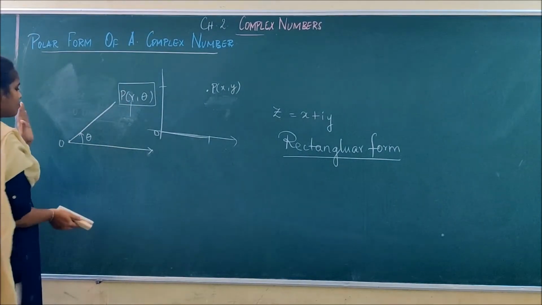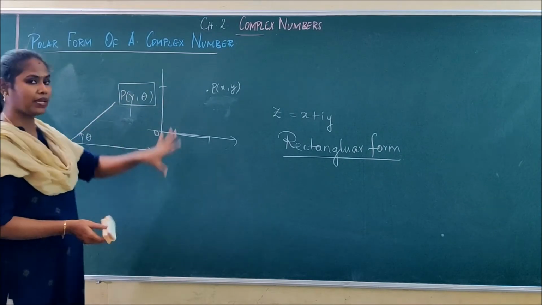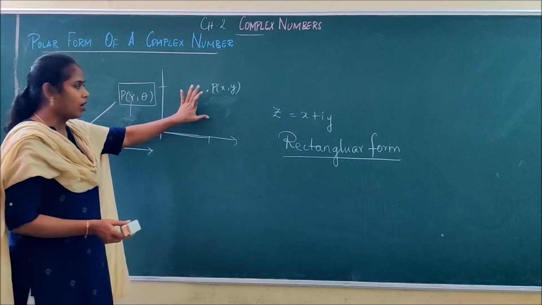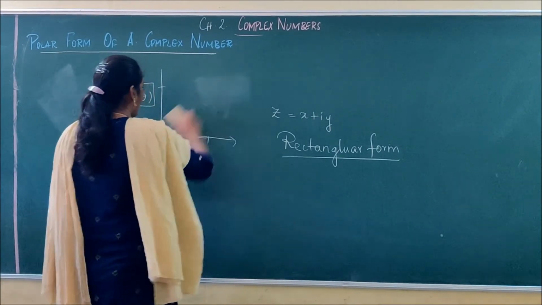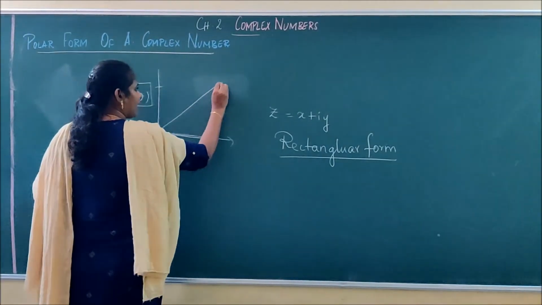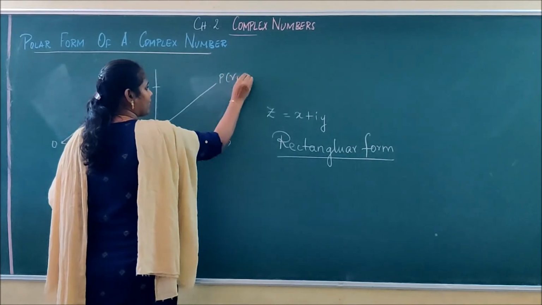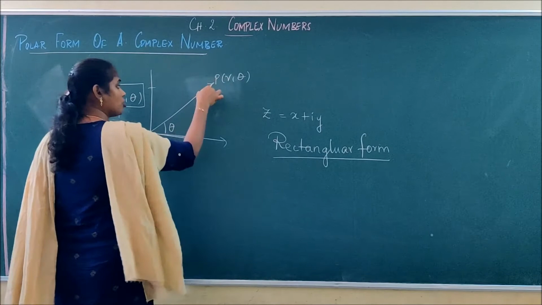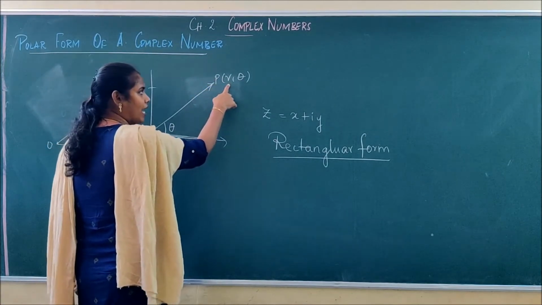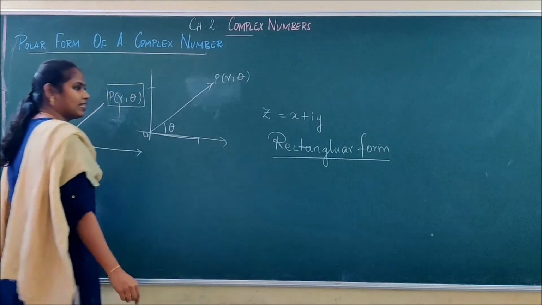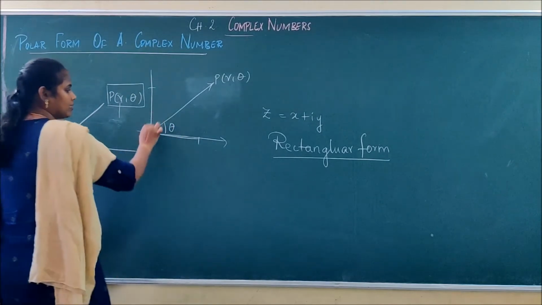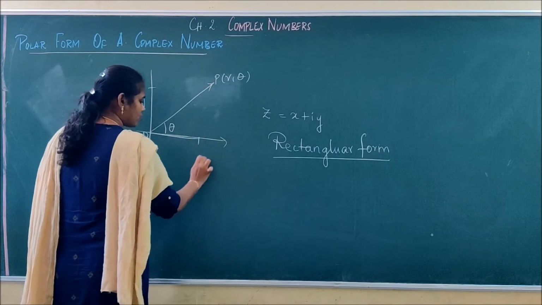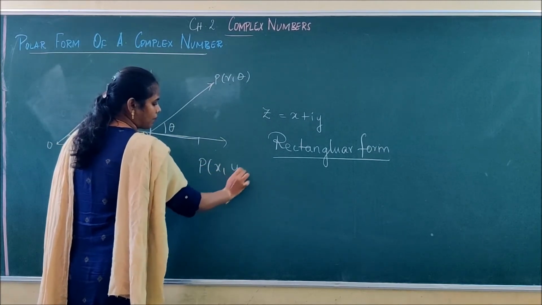Now I am going to superimpose this. That means I am going to take this diagram and paste it here. Now it becomes like this. Here this is P of r comma theta, and this angle is theta. I am going to compare this with the point P of x comma y.